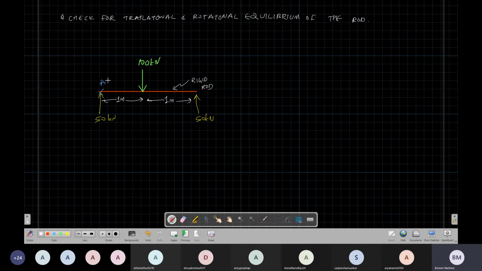So you have to check whether the rod is in translational and rotational equilibrium. Okay, let's see how you check this.